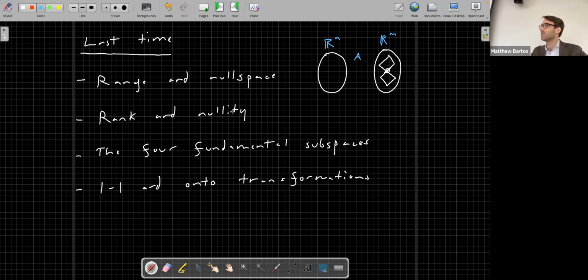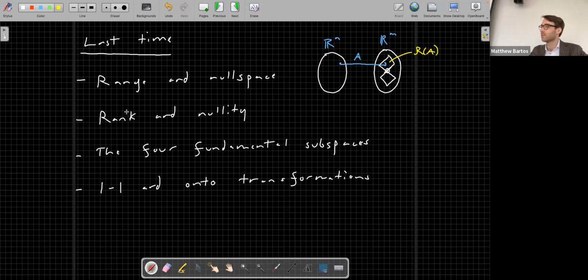Remember, when we're talking about these subspaces, it's always in reference to some linear transformation A. So this here would be the range of A.